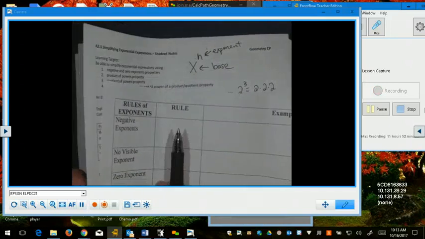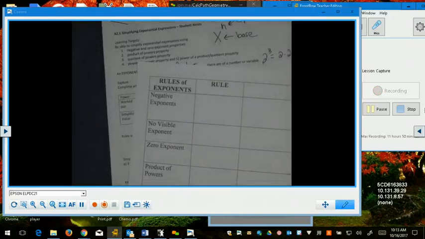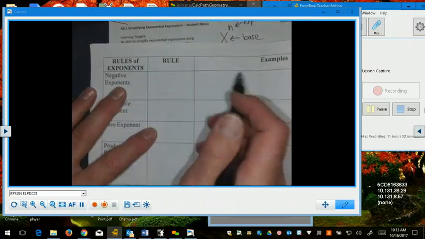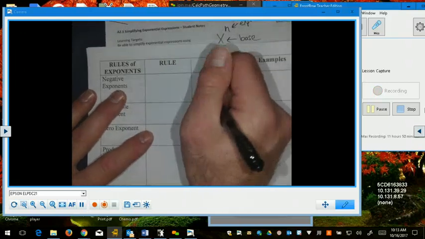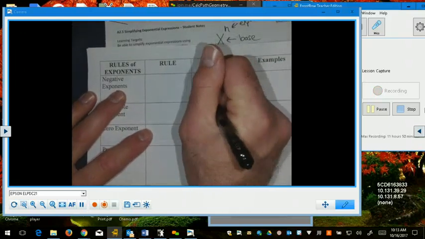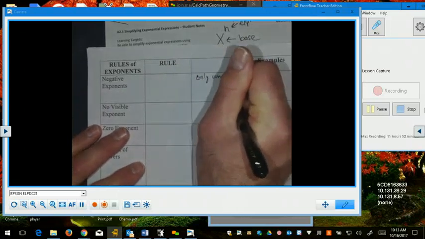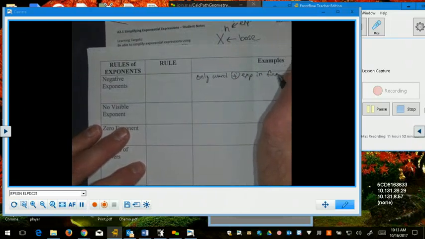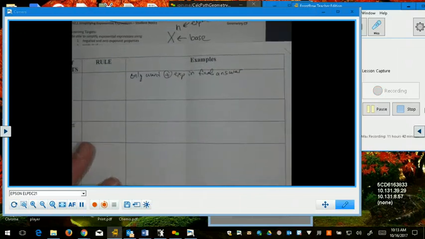So on our rules for negative exponents, a negative exponent is telling you that the number is in the wrong place of a fraction. In our final answers, we only want positive exponents. So I can do all the other things that we're going to learn about, but in the end, if I have a negative exponent, I have to move it.